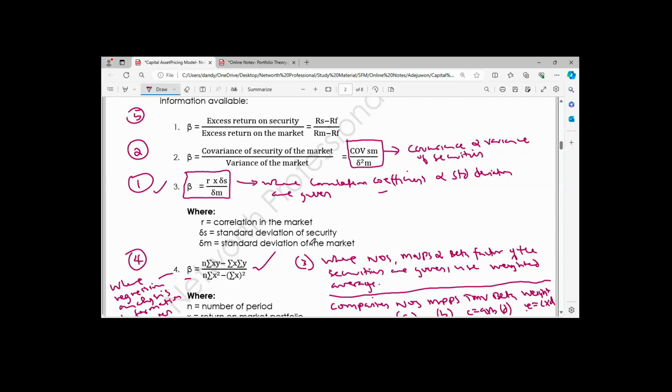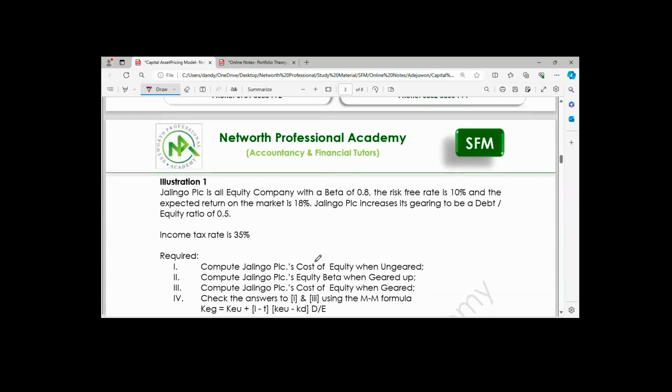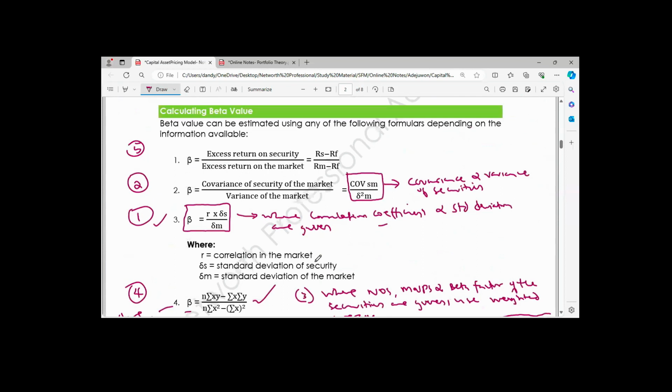I can count about 7 to 8 times in the last 12 diets that ICAN has tested the capital asset pricing model, because it's one of the most frequent topics tested by ICAN. Which means that you cannot go to the exam hall without the knowledge of the capital asset pricing model. So this is number one.